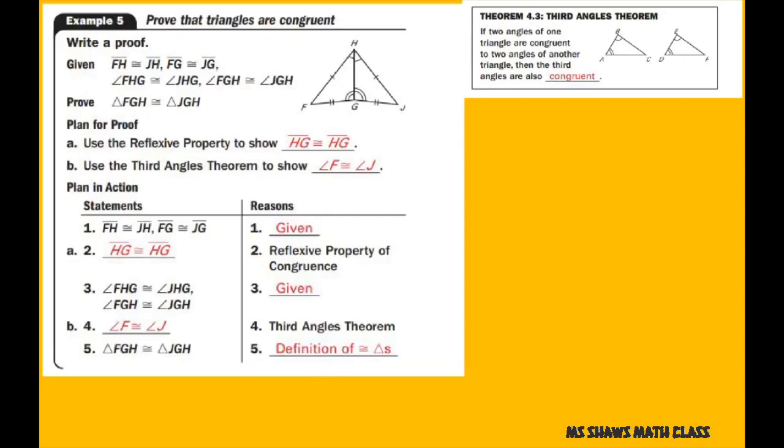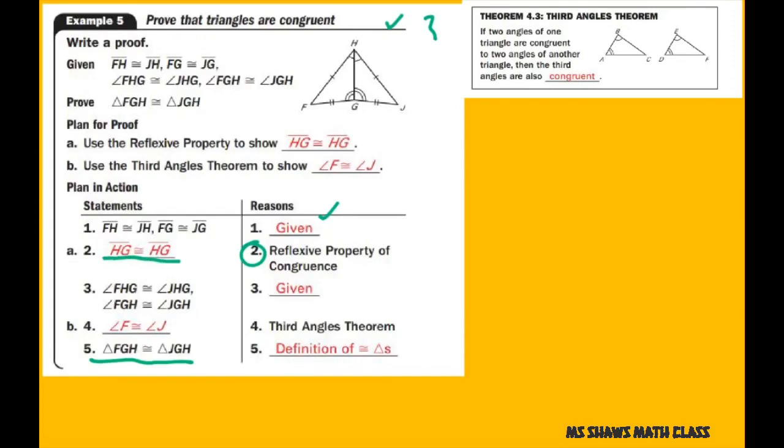Prove, in this section we're going to prove that triangles are congruent. So we write the given, and then because we want to go to triangle FGH is congruent to JGH, we're using the reflexive property of congruence.